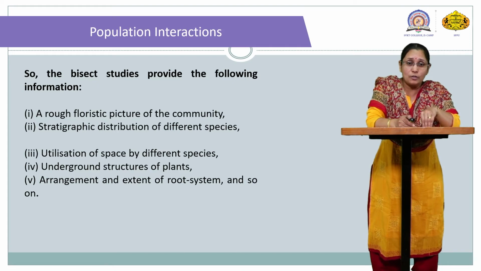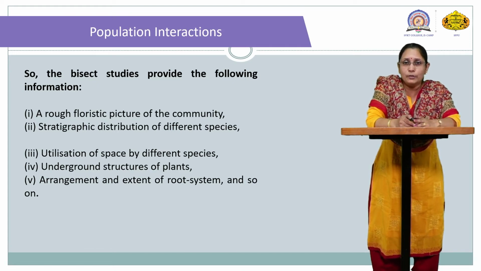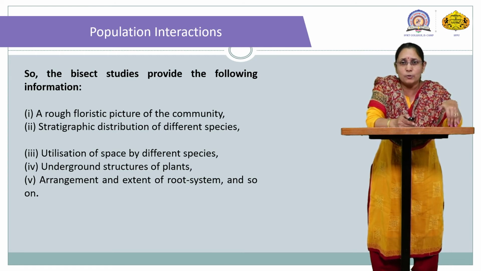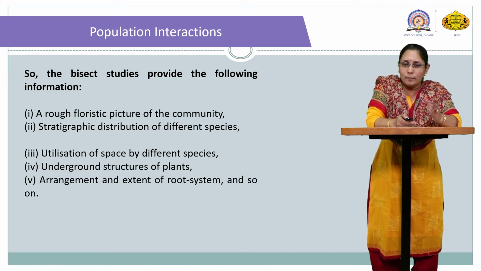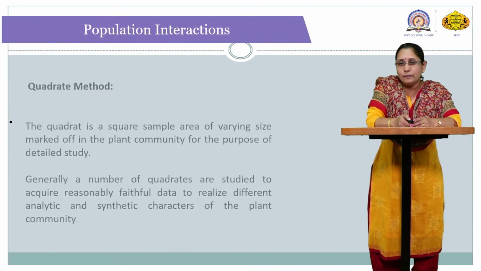Then the underground structure of that particular plant, which, as I already told you, can also be analyzed with the help of the bisect method. And lastly, the arrangement and extent of the root system: suppose different species are there, and how differently the roots are arranged for these different species. So all this information, this type of analysis and description, we can make with the help of this bisect transect method, right?